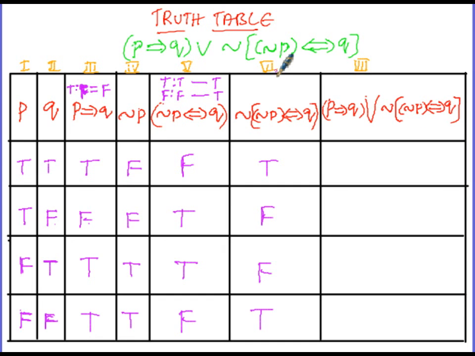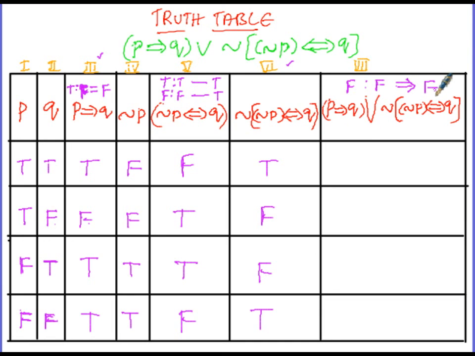So we have to observe the third and the sixth columns. Between them there is an OR, that is the disjunction. In a disjunction, if the first statement is false and the second statement is false, then the disjunction will be false.